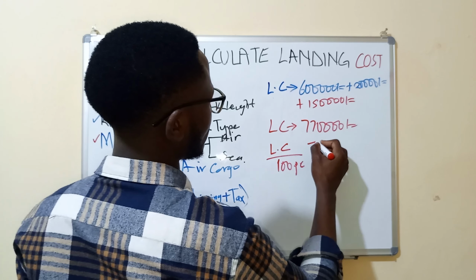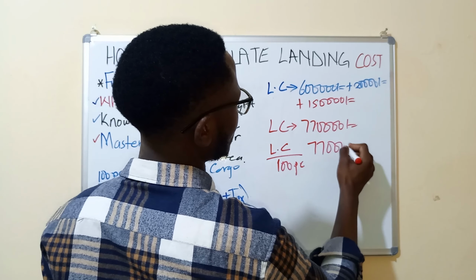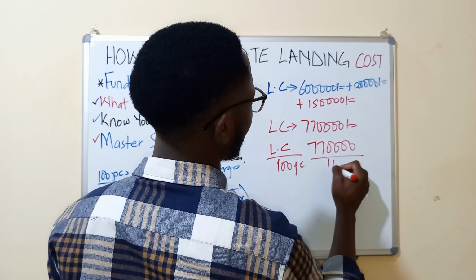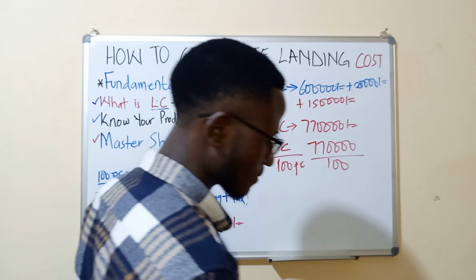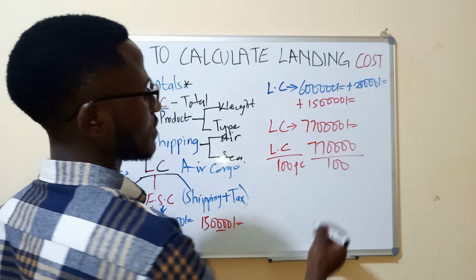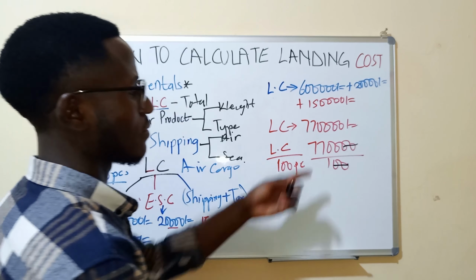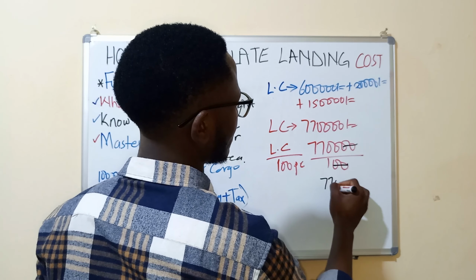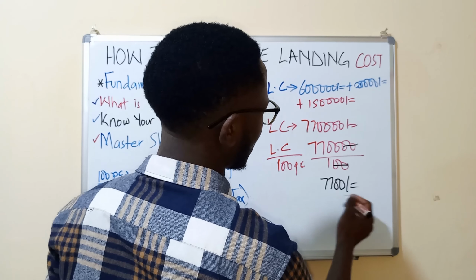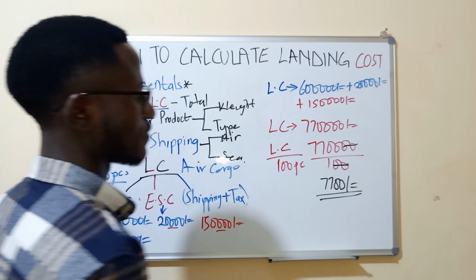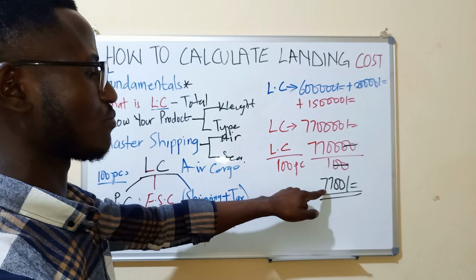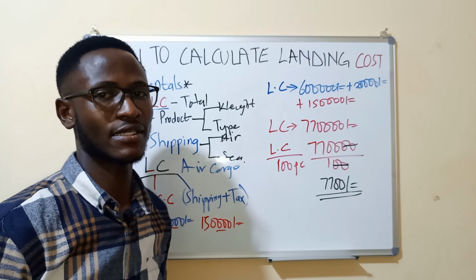So as you can see here, it will be 700 divided by 100 pieces, and we remain with 7,700. Now, someone would ask themselves, is this the amount at which I'm selling? Is it?